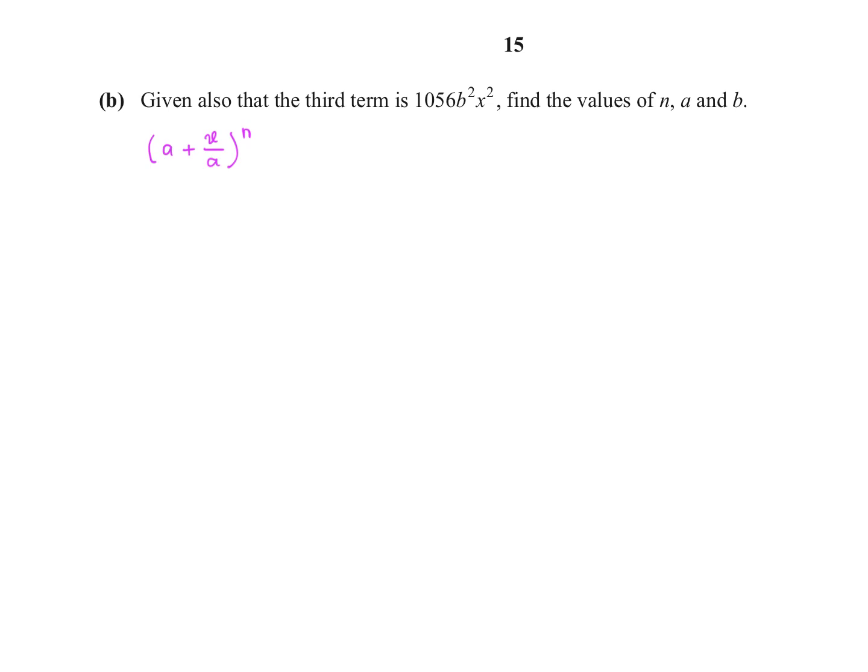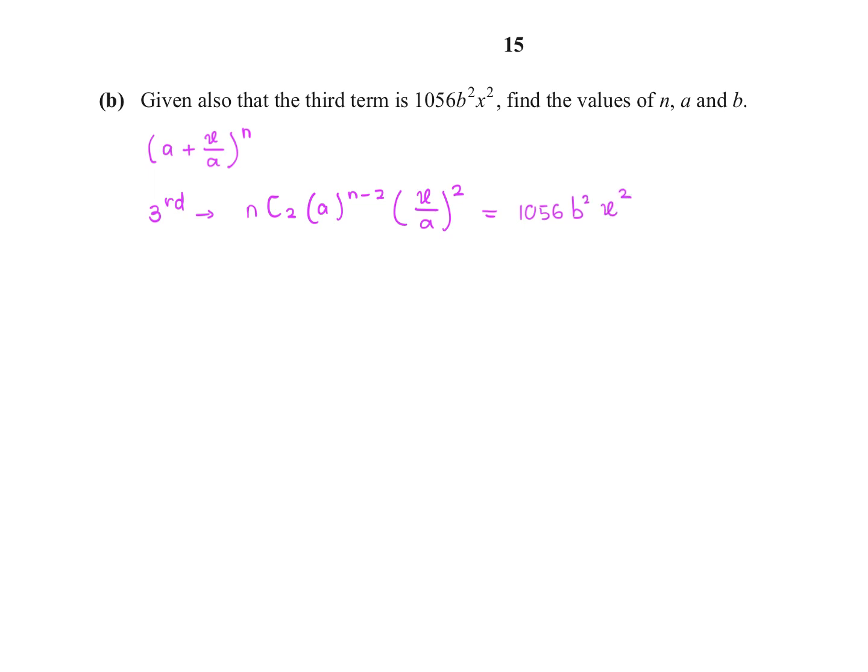The third term of this binomial expansion is nC2 a to the powers of n minus 2, x over a to the powers of 2. And this is equal to 1056 b squared x to the powers of 2.